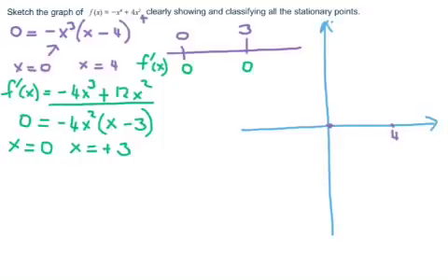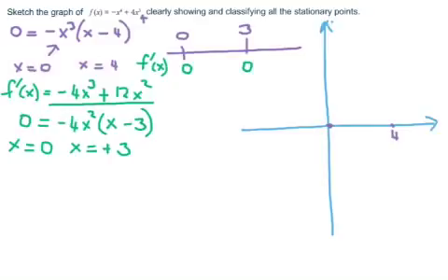So if I choose a number less than 0, I'm going to choose negative 1. Well, because it's cubed, it's still going to be negative 1, times 4 is negative 4, and then it's going to be positive 4. And then my negative 1 squared is going to become positive, and times 12.